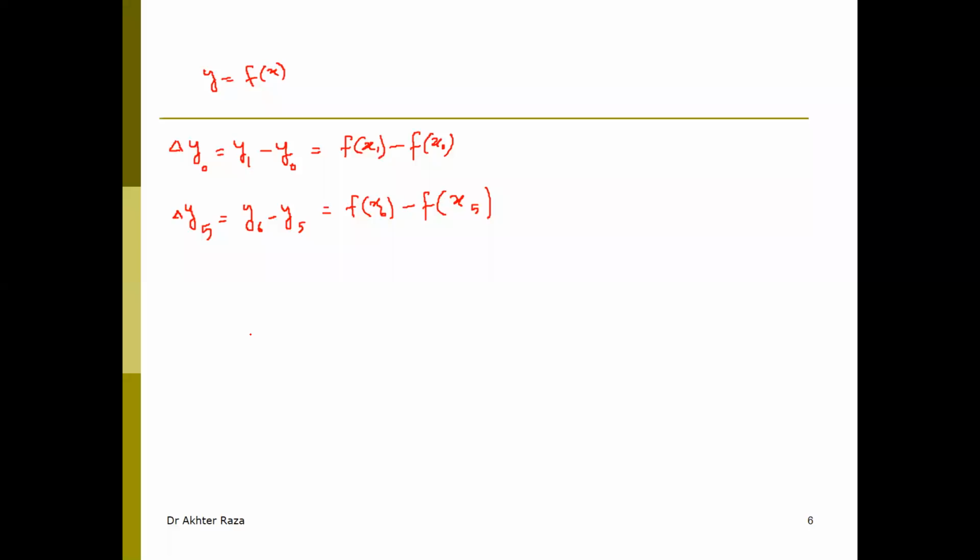Now in simple terms, how can I write down delta y5? If someone is interested to calculate delta square y3, I can expand this as delta into delta y3. All of you agree, because delta into delta becomes delta square.